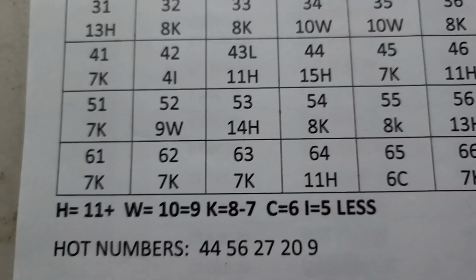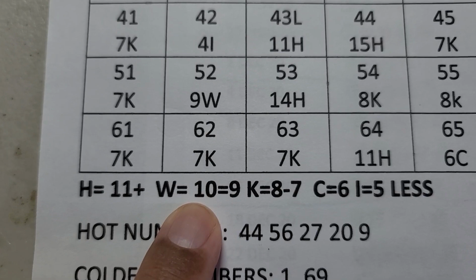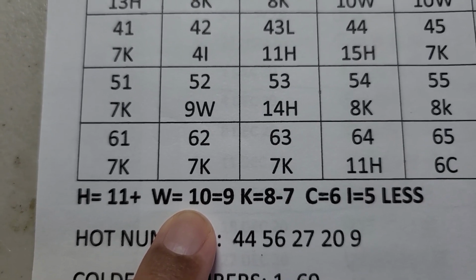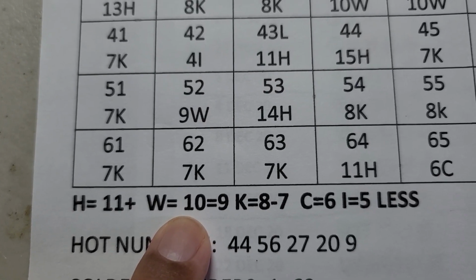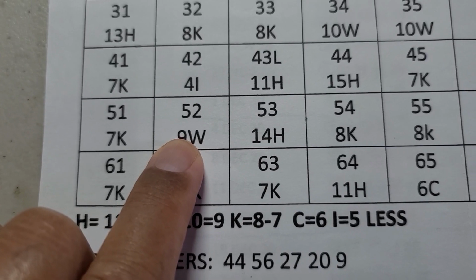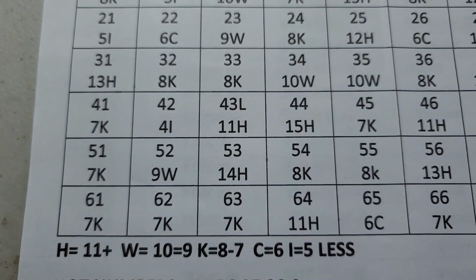Okay, the next category is W, or warm, and these numbers appeared between 9 and 10 times. And 52 is an example of a warm number right here, as well as 34 and 35. Okay.